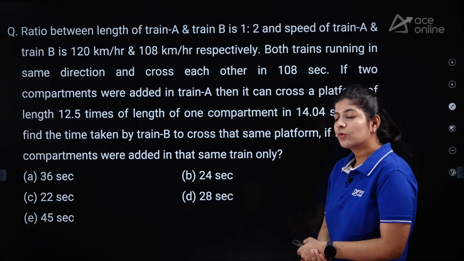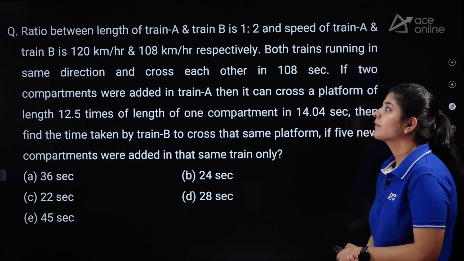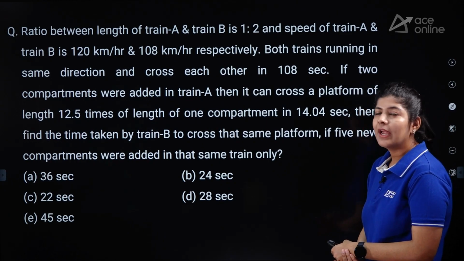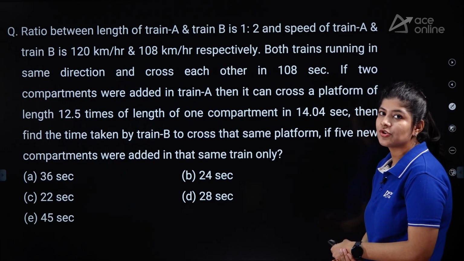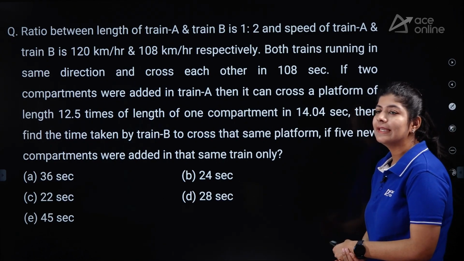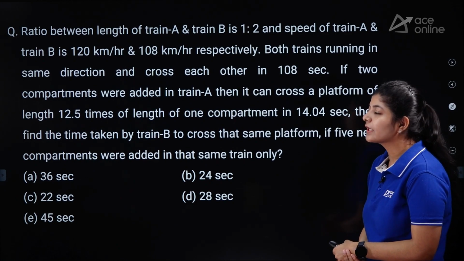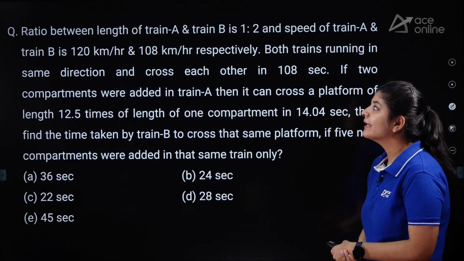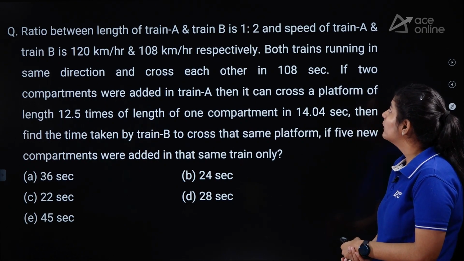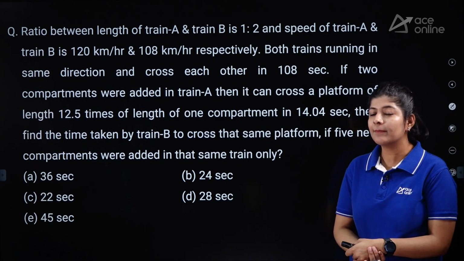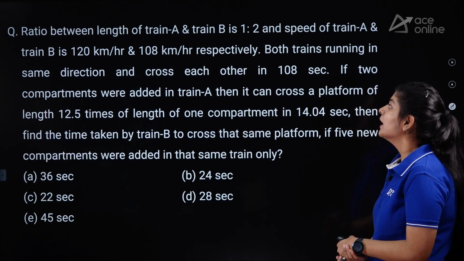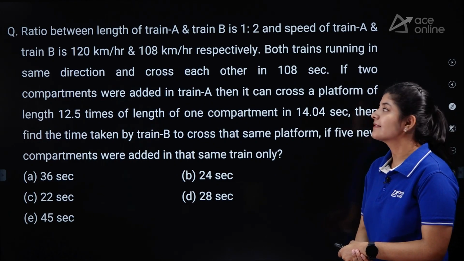So the question says that the ratio between the length of train A and train B is 1:2, and the speeds of train A and B are 120 kilometers per hour and 108 kilometers per hour respectively. Both trains are running in the same direction and cross each other, that means overtaking, in 108 seconds.